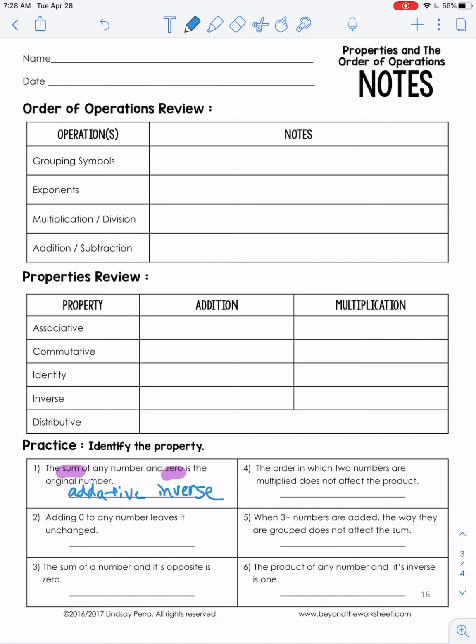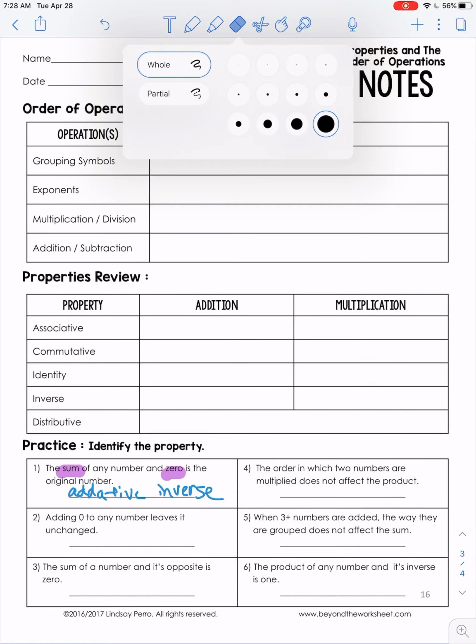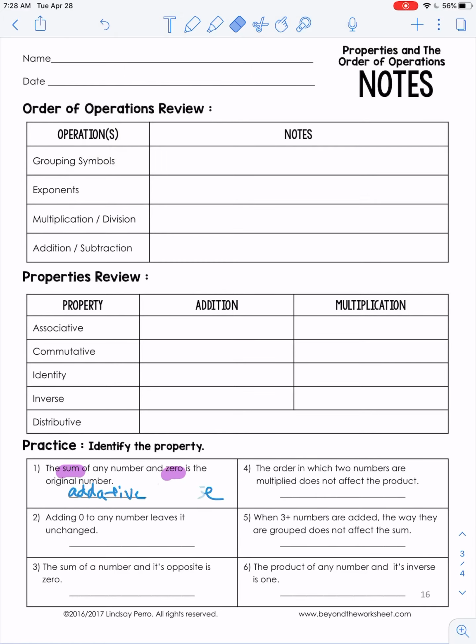Is any number and the sum of 0 and any number gives us that original, not inverse, sorry you guys. Additive identity gives us that original number.